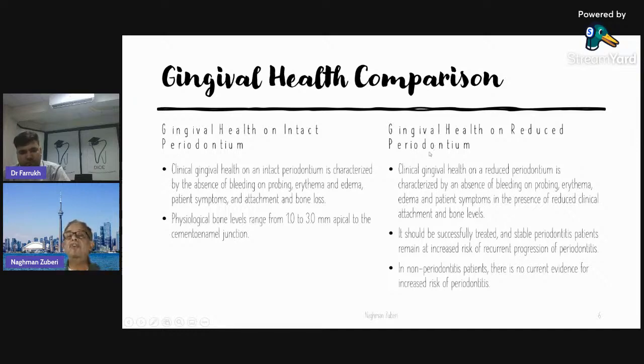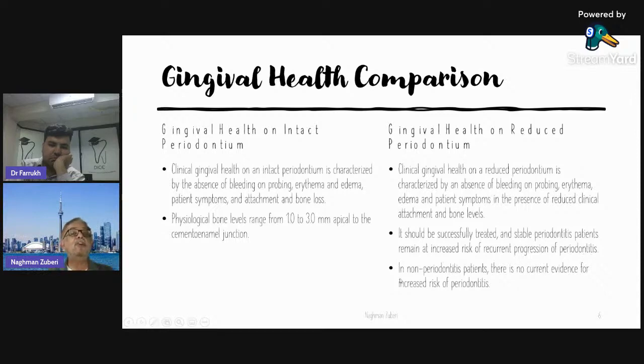Gingival health on reduced periodontium: clinical gingival health on a reduced periodontium is characterized by an absence of bleeding on probing, erythema, edema, and patient symptoms in the presence of reduced clinical attachment and bone levels. It should be successfully treated, and stable periodontitis patients remain, as we have already discussed, at an increased risk of recurrent progression of periodontitis.